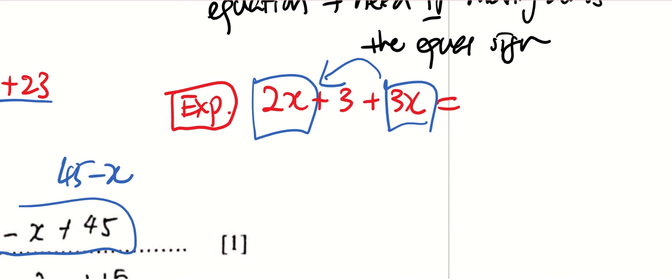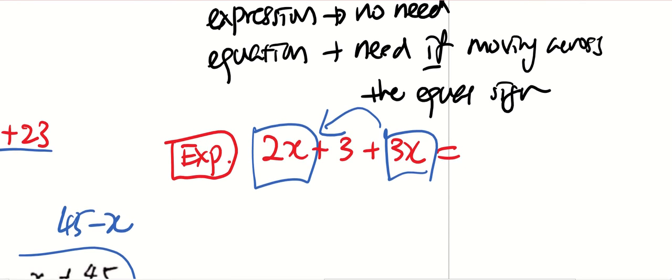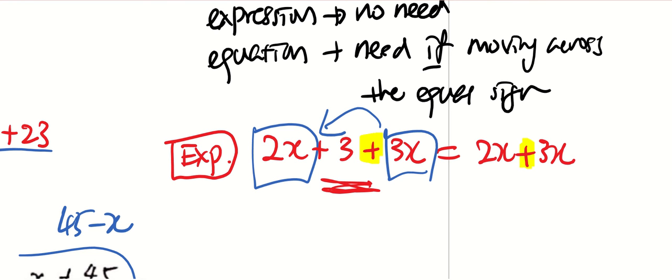Now in this case, because I'm not moving across any equal sign, there is no need to change the sign. 2x plus 3x: the sign in front of the 3x remains, so plus 3x. So this we can simplify to 5x plus 3.